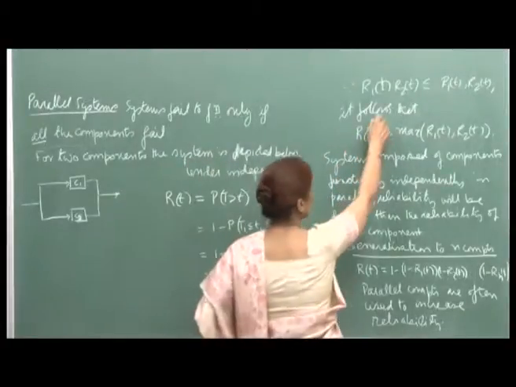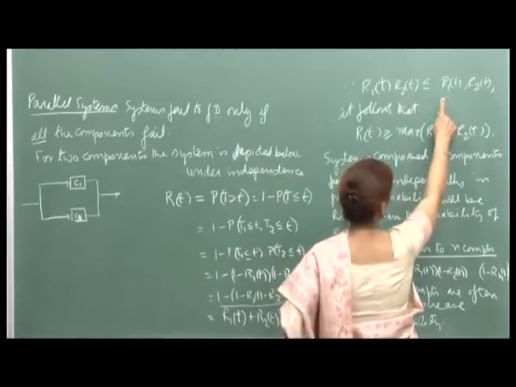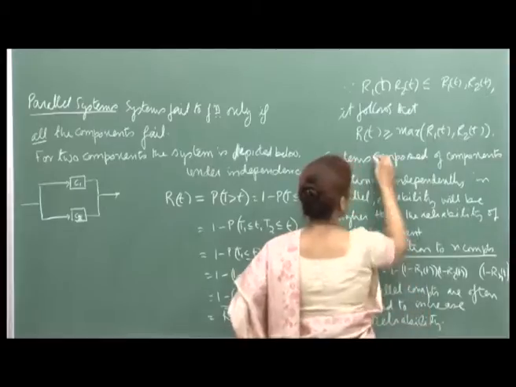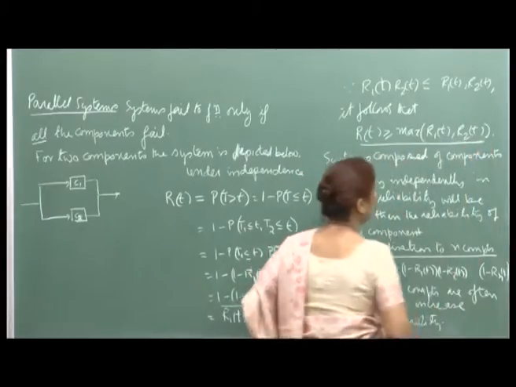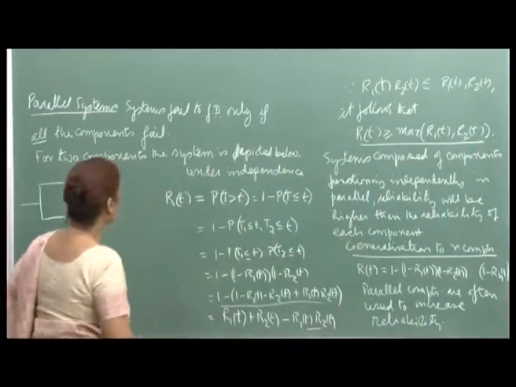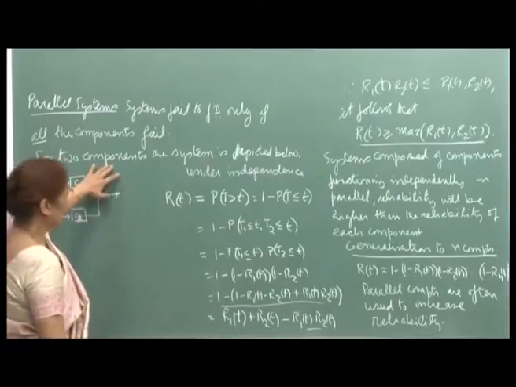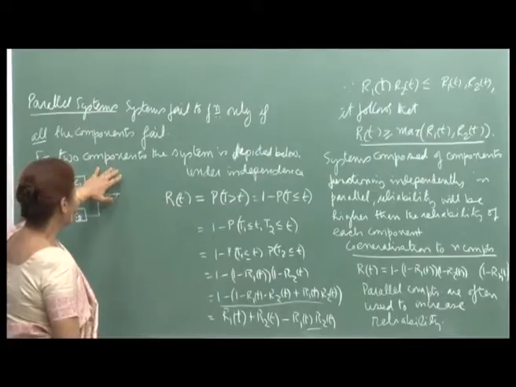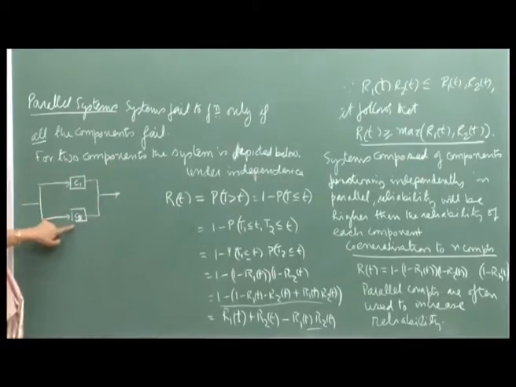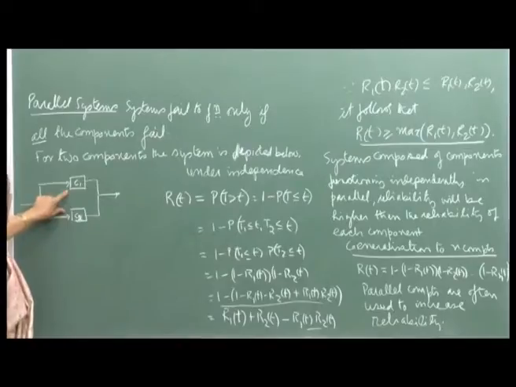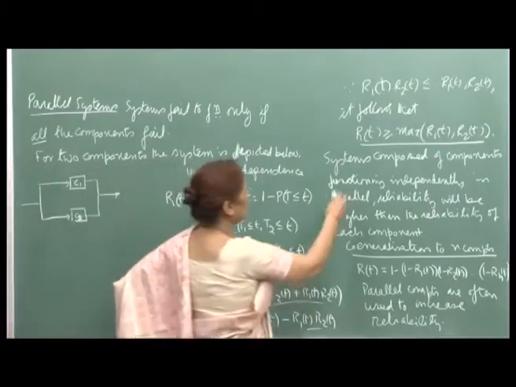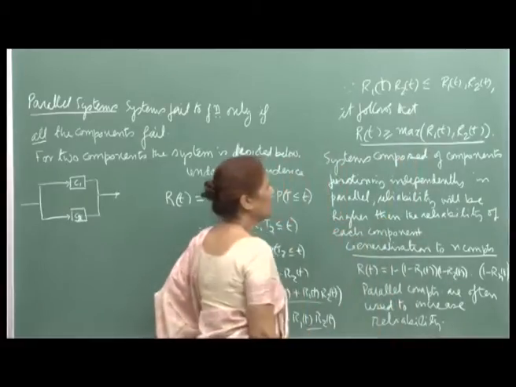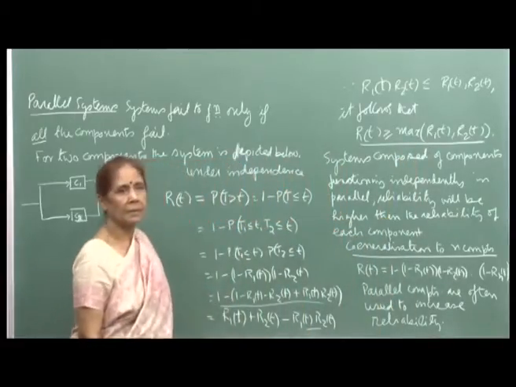So, that is what I have written, that since R1(t)R2(t) is less than or equal to both R1(t) and R2(t), therefore it follows that your reliability when you have two components working in parallel, I have shown you the two systems are working in parallel, in that case, the reliability of the system is greater than or equal to the max of the reliability of the two components.